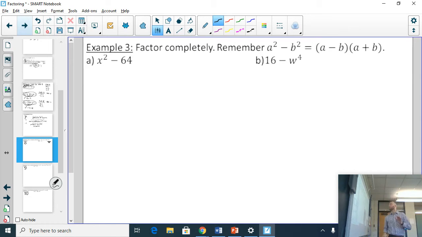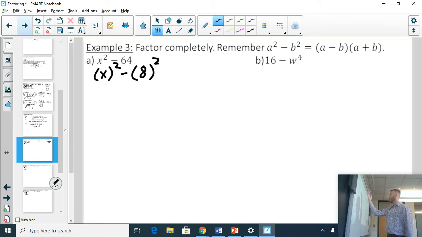So example 3, factor completely. Remember our difference of squares, a squared minus b squared equals a minus b, a plus b. This is the biggest one. This one you absolutely need to know and recognize. You'll get very used to using it. So this is x squared minus 64, which is the same thing as 8 squared, right? And you don't always have to write this out.